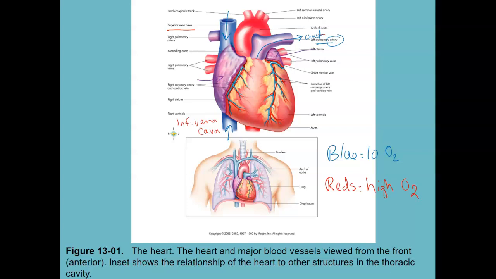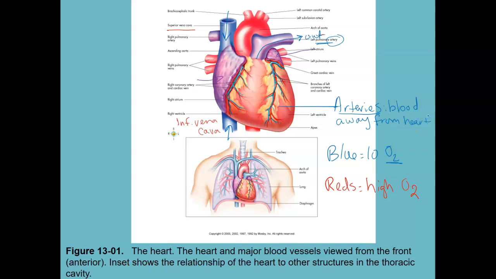But the reality is the designation of artery and vein doesn't have to do with oxygen levels, okay? Arteries carry blood away from the heart. And so this is a little bit of a review of the circulatory system.